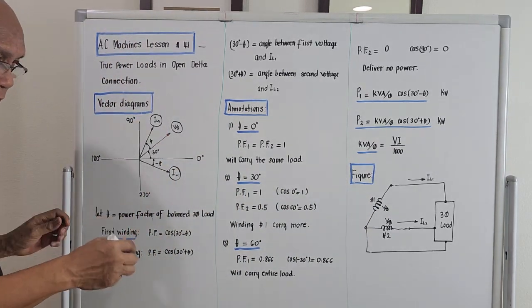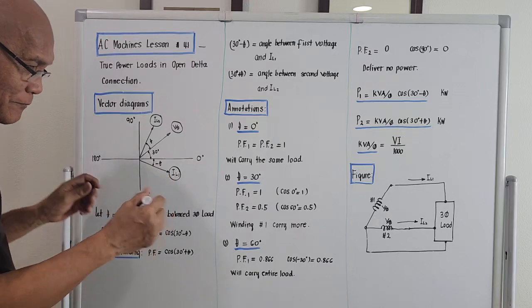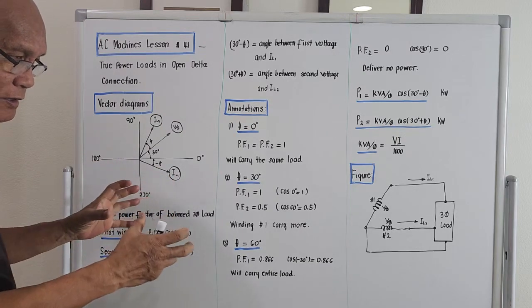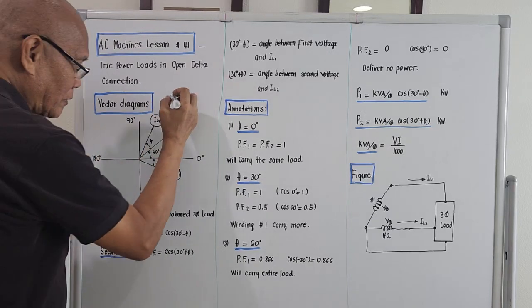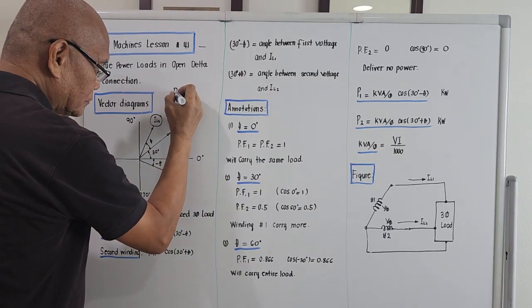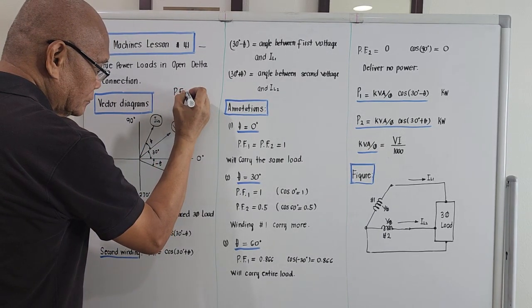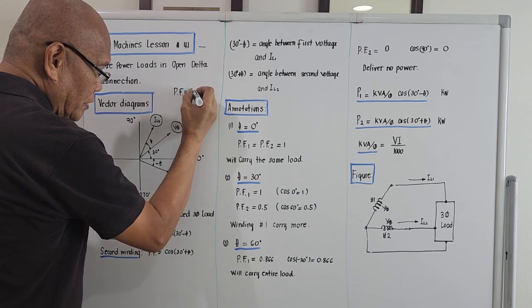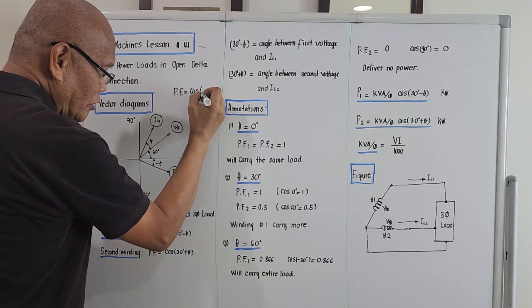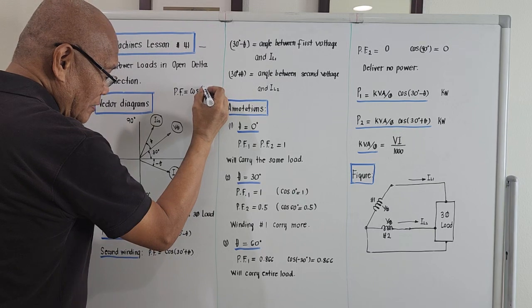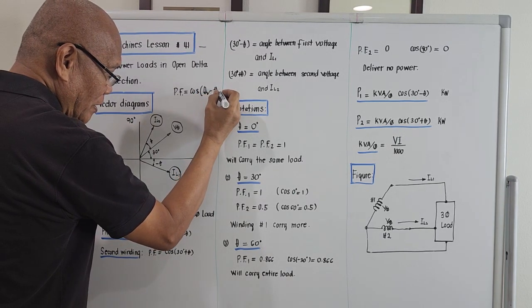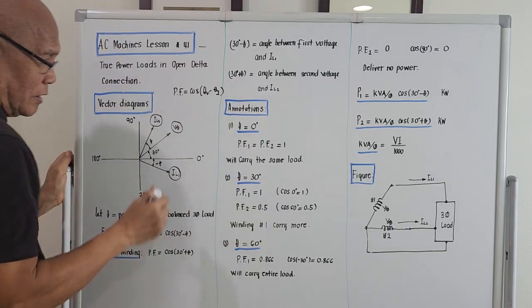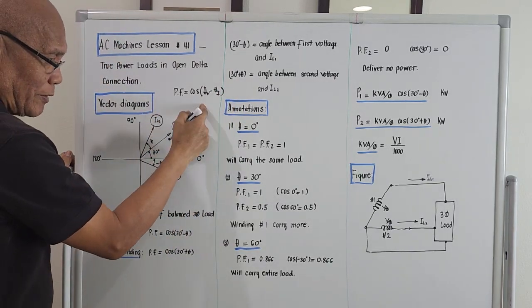Why am I presenting this vector diagram? I am presenting it because in the computation of the power factor, it is by definition the cosine of the angle between the voltage and the current. This is one definition of the power factor.